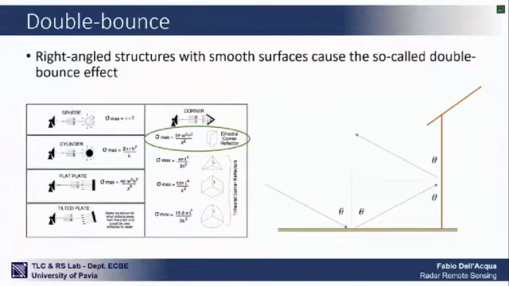I already discussed this, but there are other cases where you have smooth surfaces, and for example, this is a so-called dihedral structure, right? A situation like this where you have a building and a surface in front of it is very effective in bouncing back the wave, but not always.